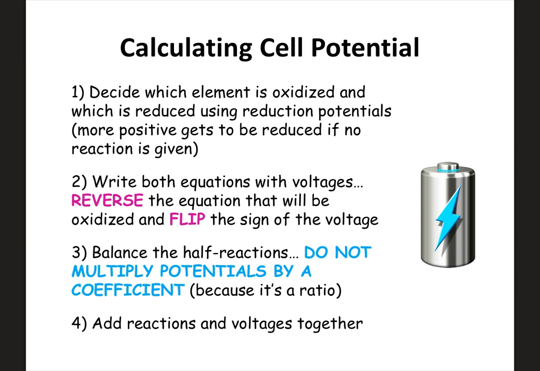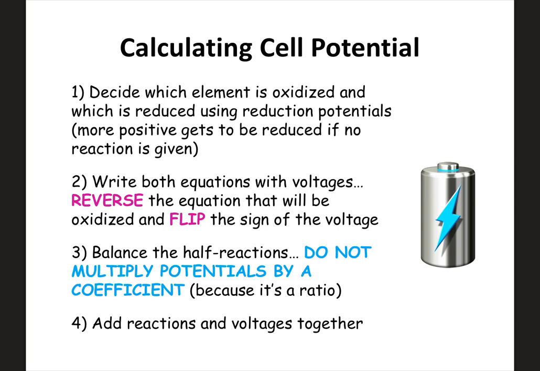You will balance the half reactions, but the interesting part is that you never multiply those potentials by a coefficient. If you need to balance a reaction and multiply a half reaction by a coefficient, you do not touch the cell potential. You don't do anything to the cell potential, because it's a ratio, so multiplying it by a number doesn't affect it.